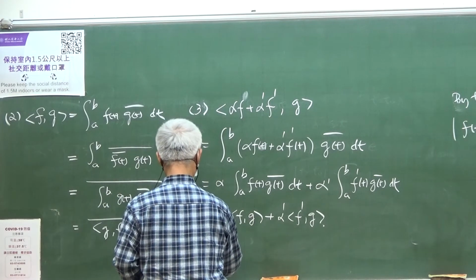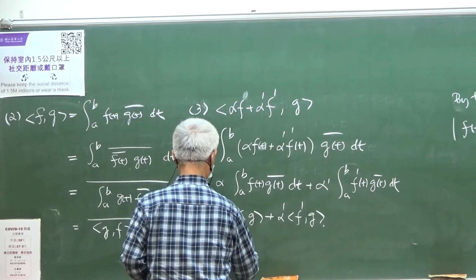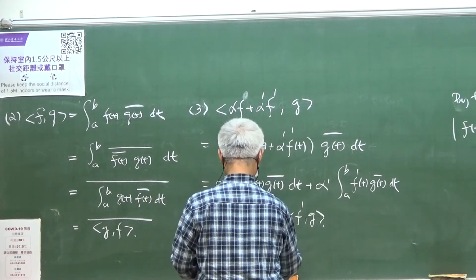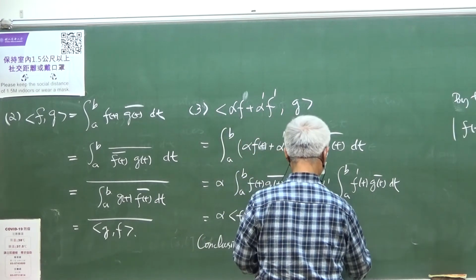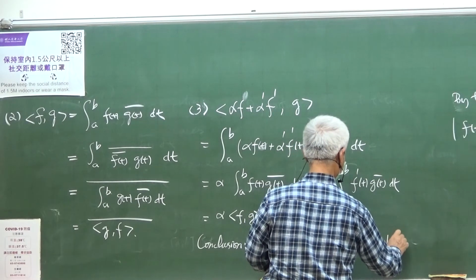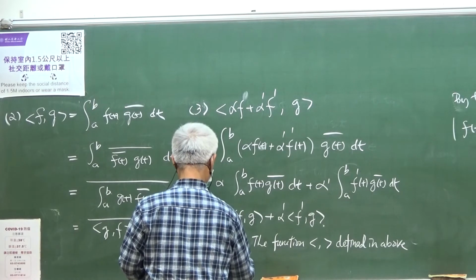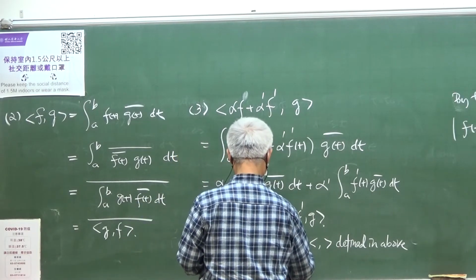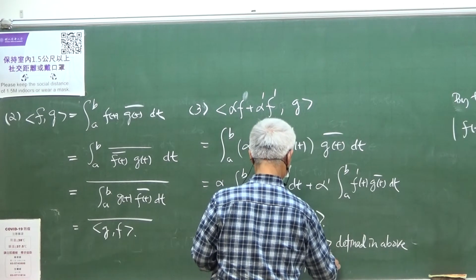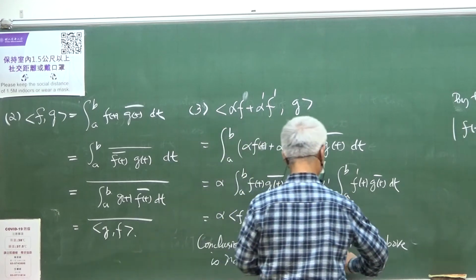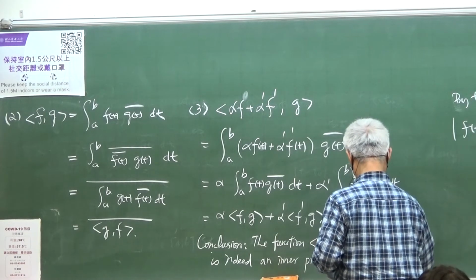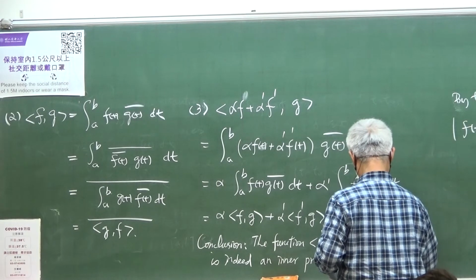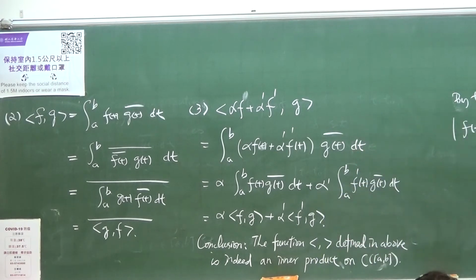So, concluding, the function defined above is indeed an inner product on the vector space of all complex valued continuous functions on [a, b].